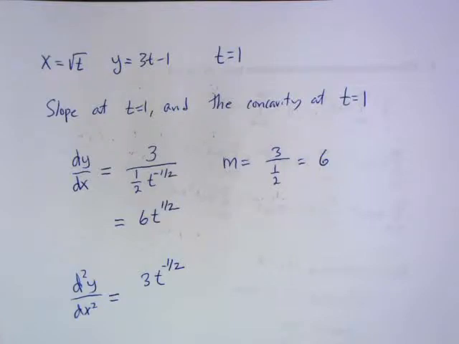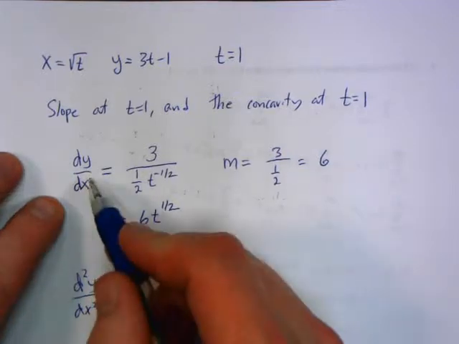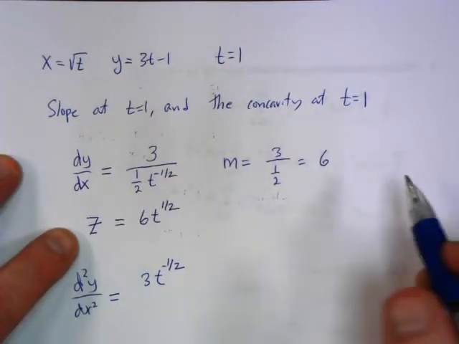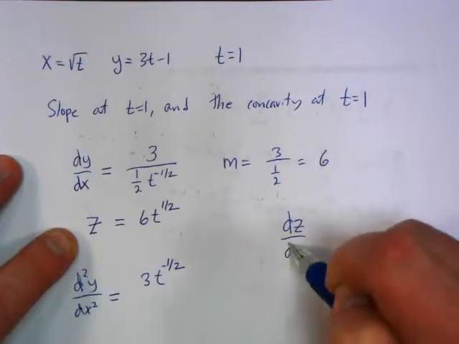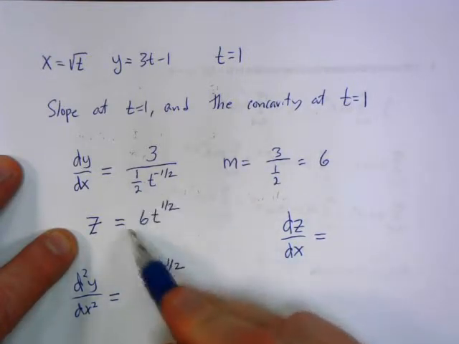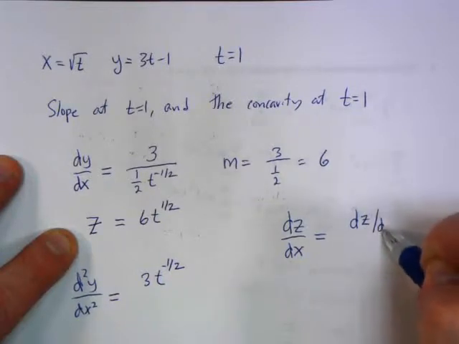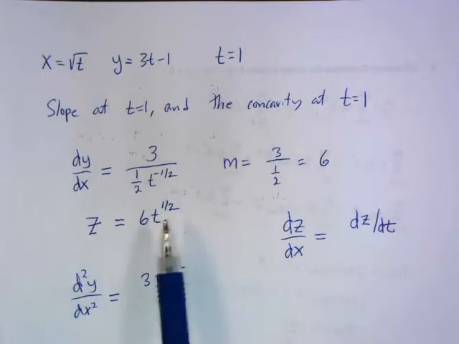Here's the issue. I want to know the derivative with respect to x. If I call this function here z, what I want is the derivative of that function with respect to x. What you just gave me, you took the derivative of this thing, that would be dz/dt, wouldn't it? Because you took the derivative with t being the variable.